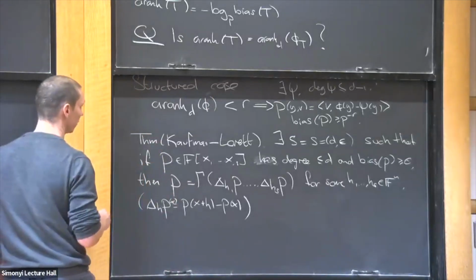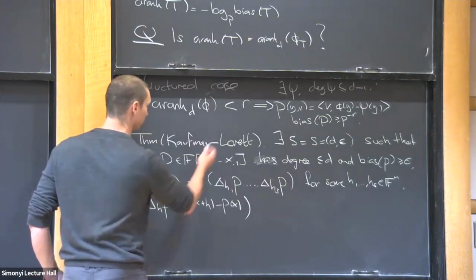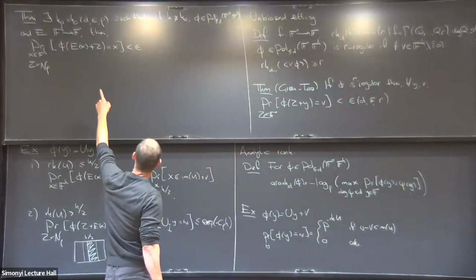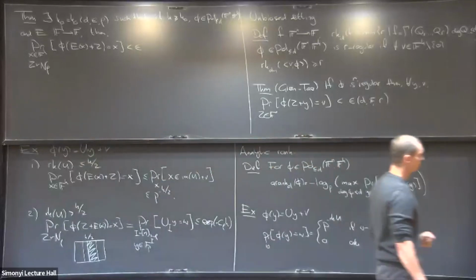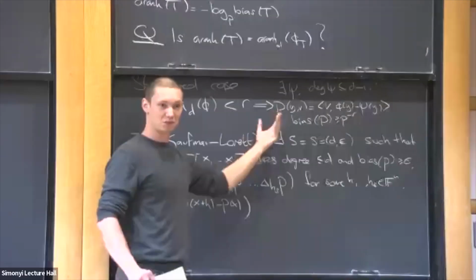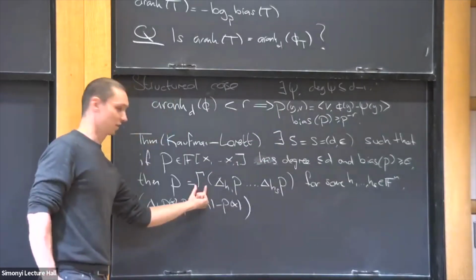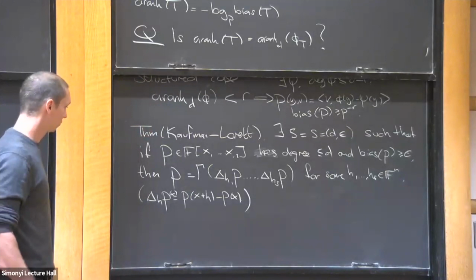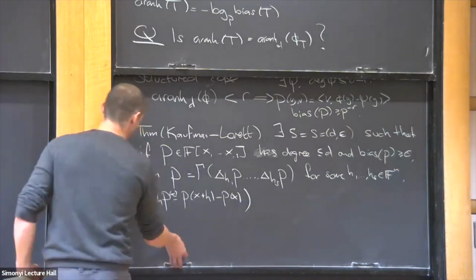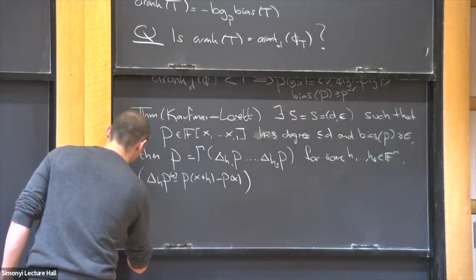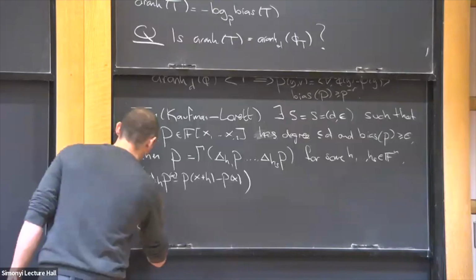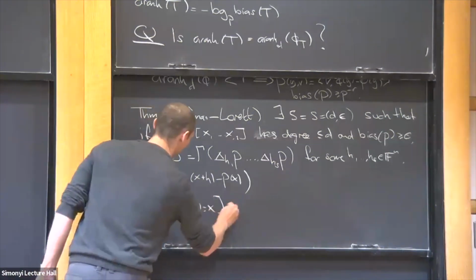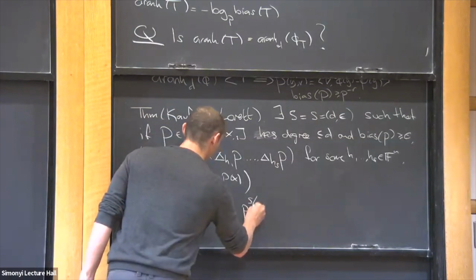There's a small calculation you can do by expressing the indicator function for the event that phi of e of x plus z is equal to x in terms of the pth root of unity raised to this polynomial P. Then doing some Fourier analysis, some basic Fourier analytic arguments, Holder, Parseval, Cauchy-Schwarz, to conclude that the probability over a uniform X and a noisy Z that phi of X, Z is equal to X is bounded from above by p to the S over 2.